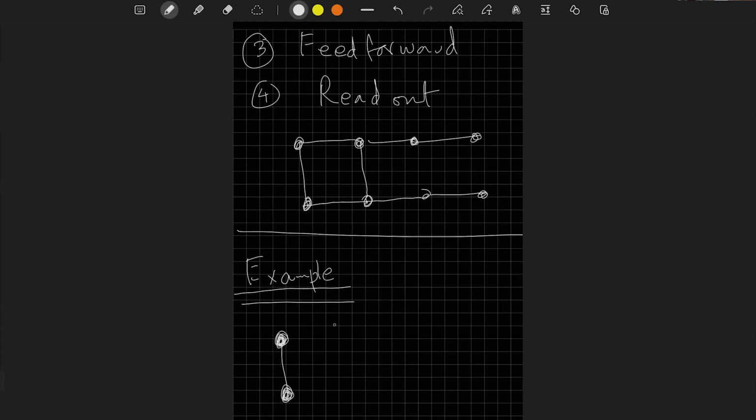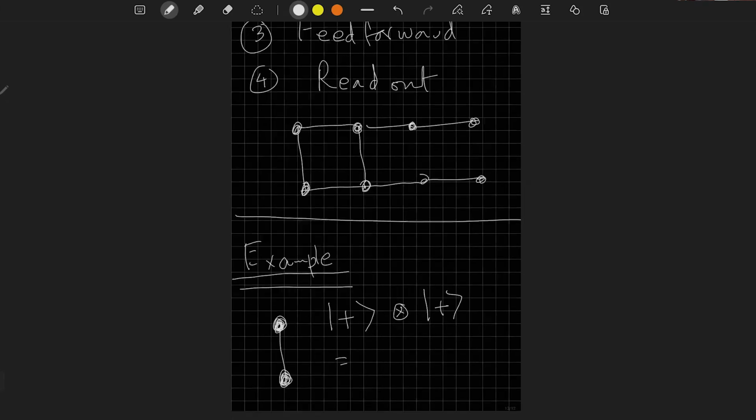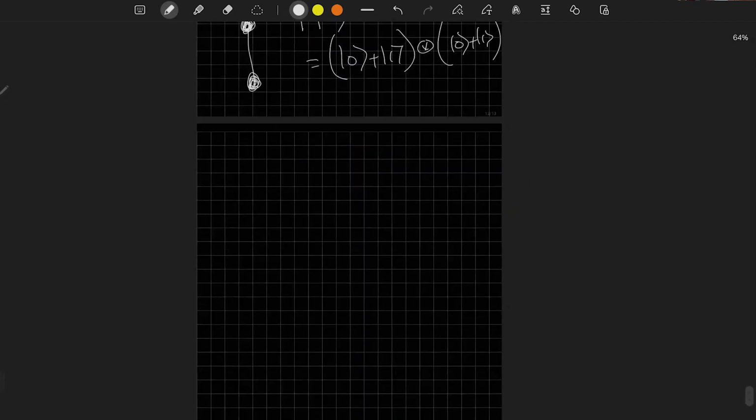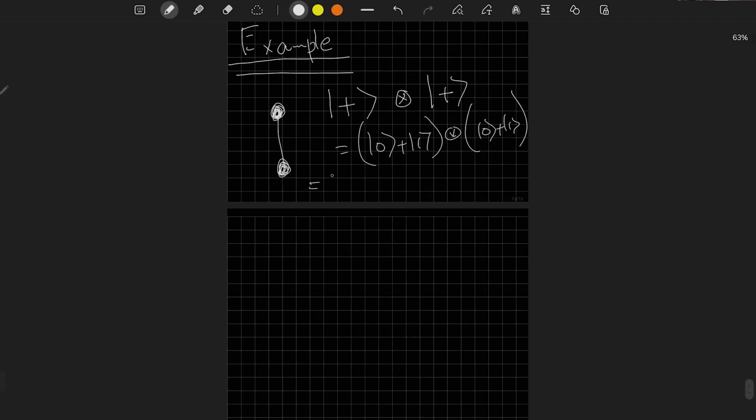My first physical qubit tensored with the second physical qubit is really, and I'm not adding the normalization factor any longer because it's cumbersome, (0 plus 1) and (0 plus 1). That is, 00 plus 01 plus 10 plus 11.